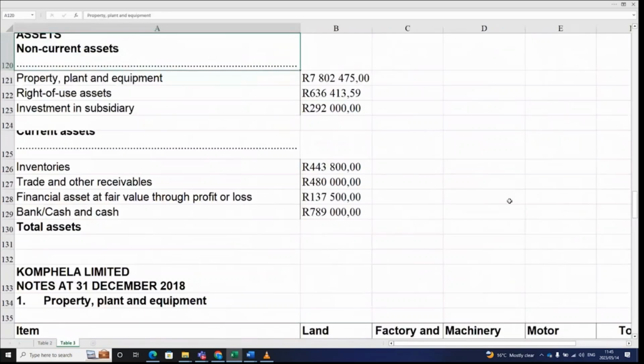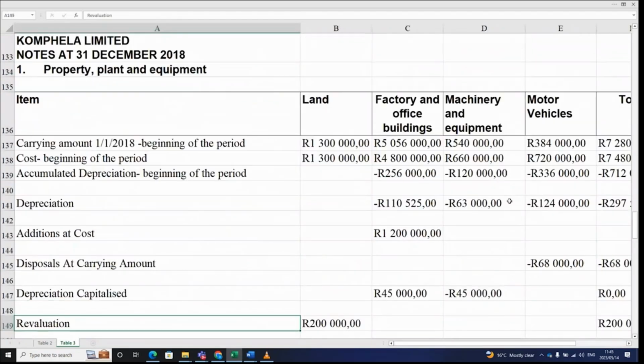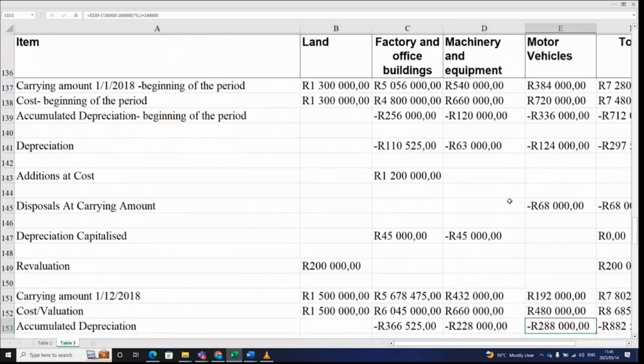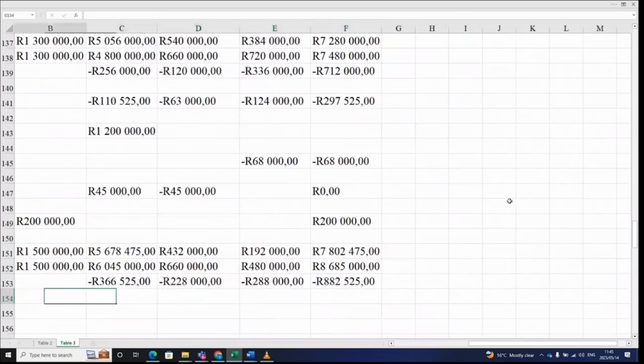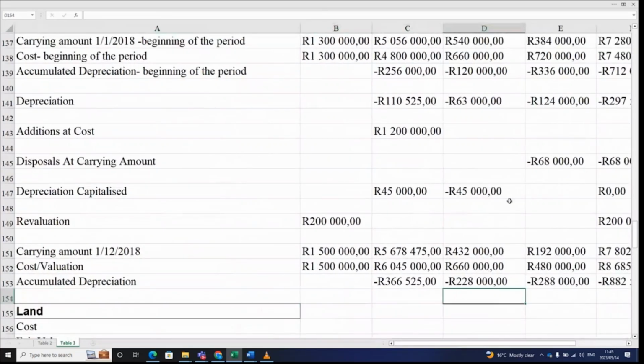So that's how you approach a question like this. The most important thing is exam technique and generating marks. When you're done with something, let it pull through across so that we see the calculations.